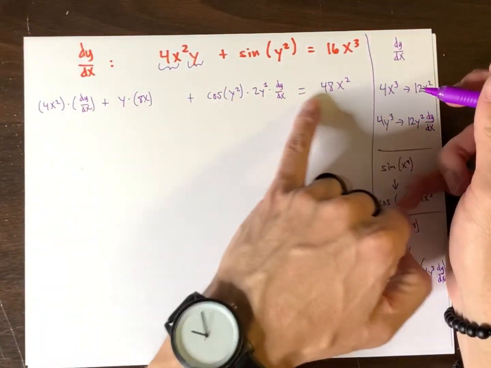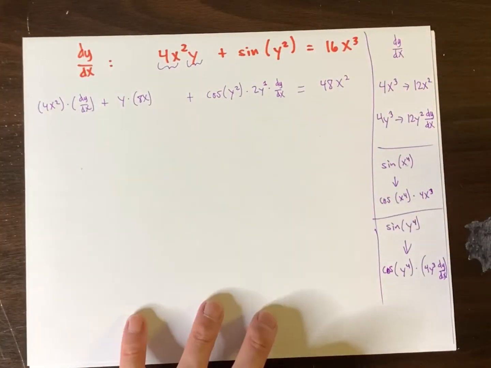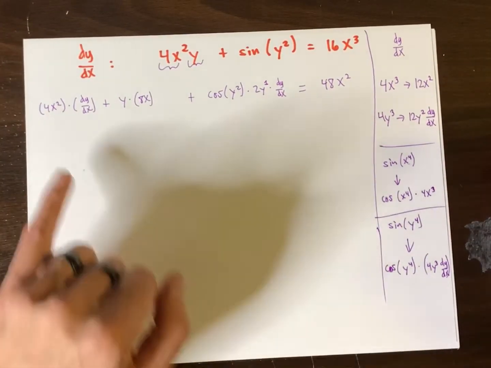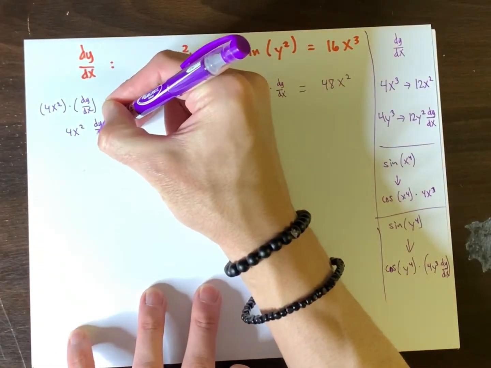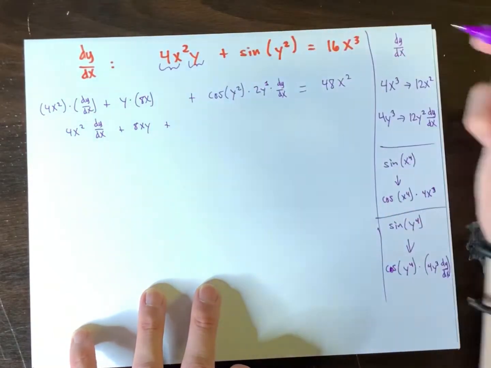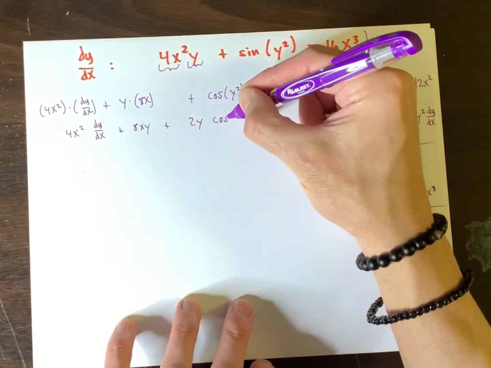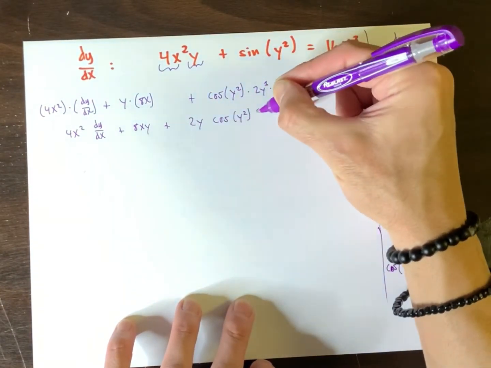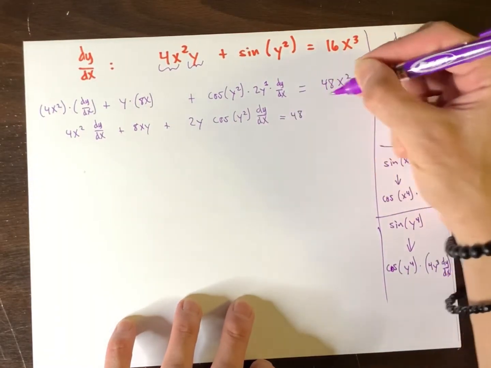Technically, this is the answer, but we have to do a lot of cleaning up, as we usually do in calculus classes. So let's clean this up a little bit. That'll be 4x squared dy dx plus 8xy plus, over here, I guess I can call this 2y cosine y squared dy dx equals 48x squared.